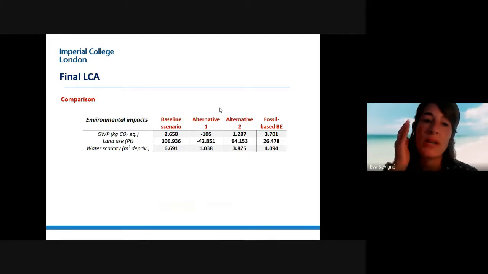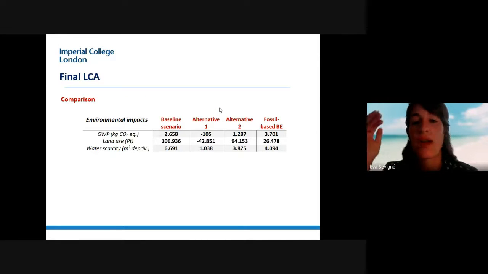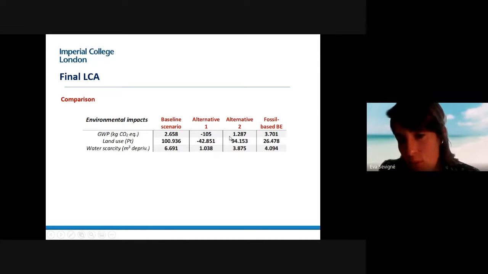And now if we compare the different scenarios, and also compare them with the production of the butyl esters from fossil fuels, we can see that if we focus on climate change, all the scenarios represent a reduction in the CO2 emissions in comparison with the fossil-based butyl esters.